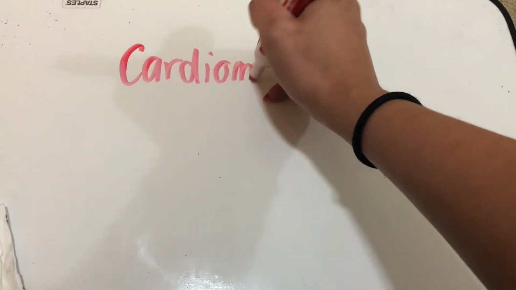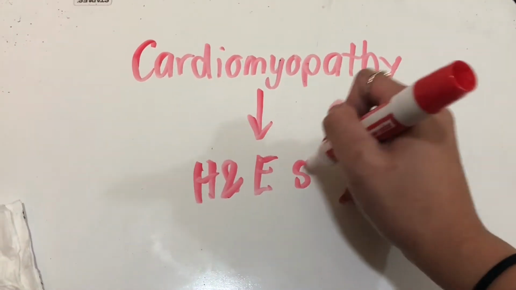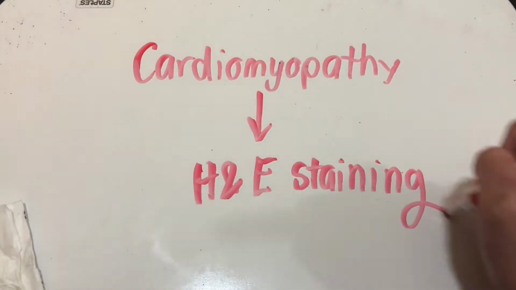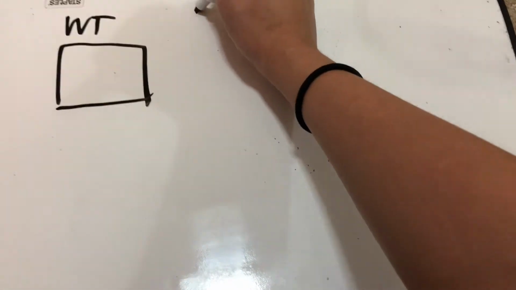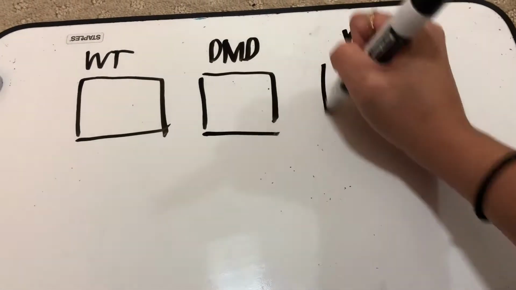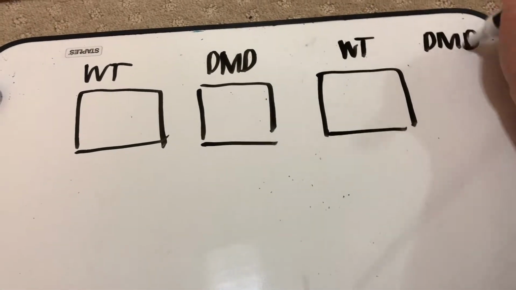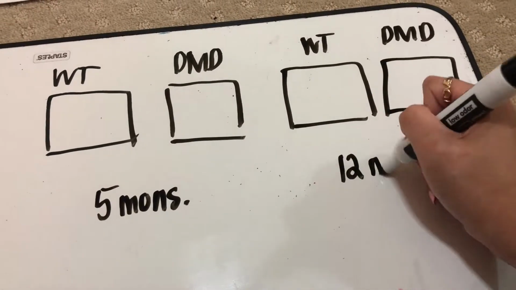For testing cardiomyopathy, the scientists did an H&E staining for cardiac muscles. They compared biopsies of wild-type and DMD rabbits during their 5-month period and 12-month period. This shows the progression of cardiomyopathy.